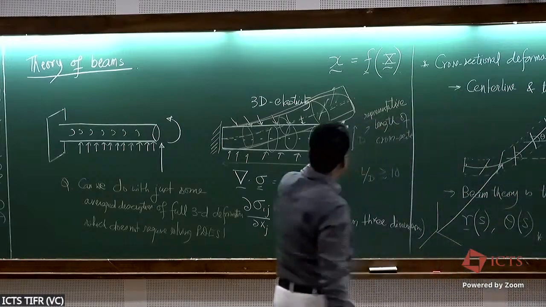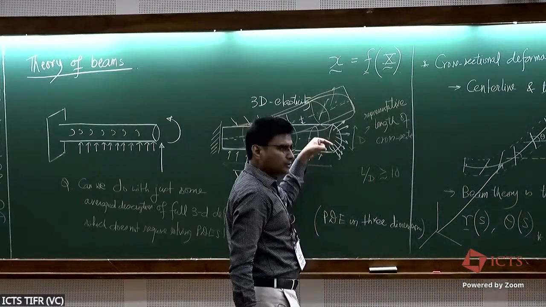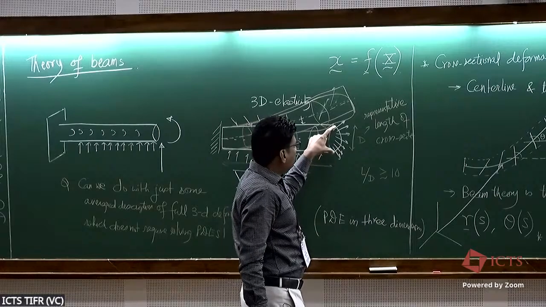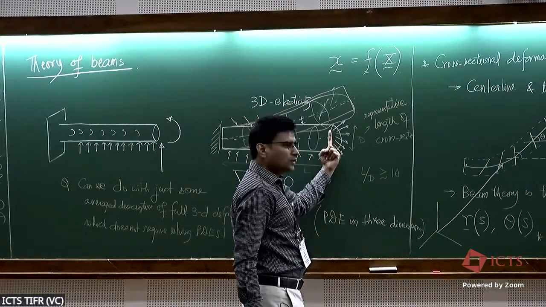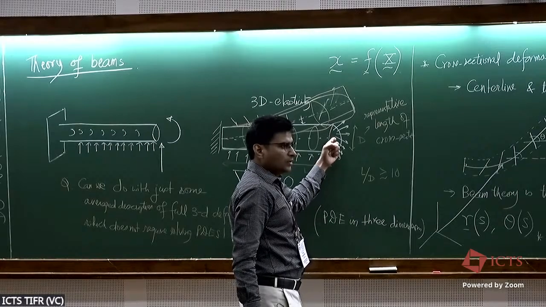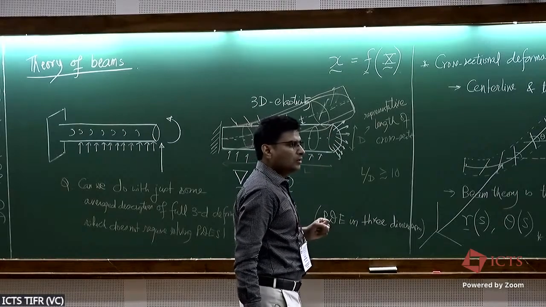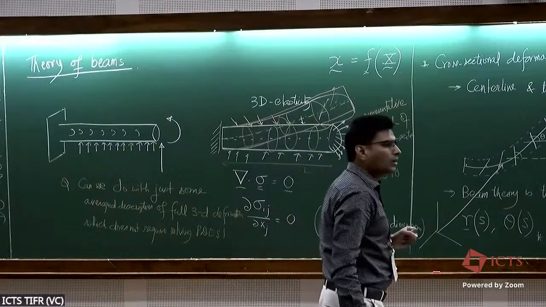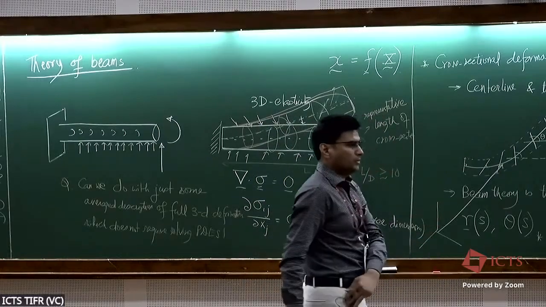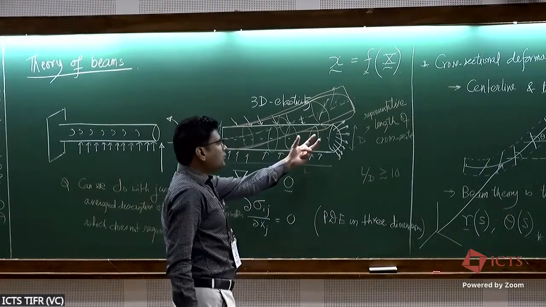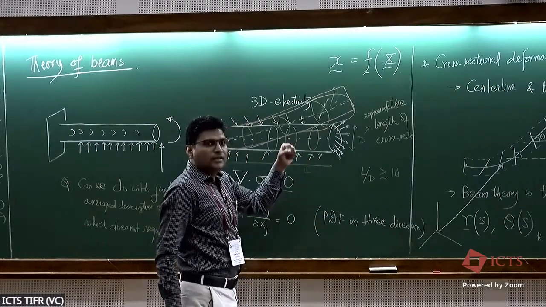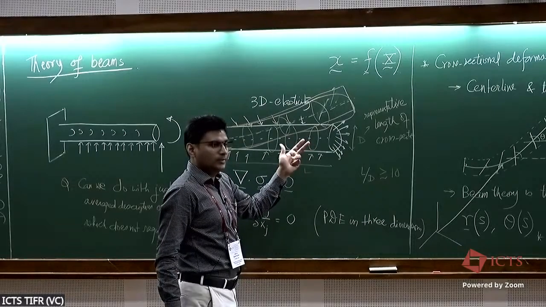So for example, here you have this traction distribution. You can reduce them all to one single force and moment. Right, so what that tells us is that as you go away from the boundary, different solutions will look the same.